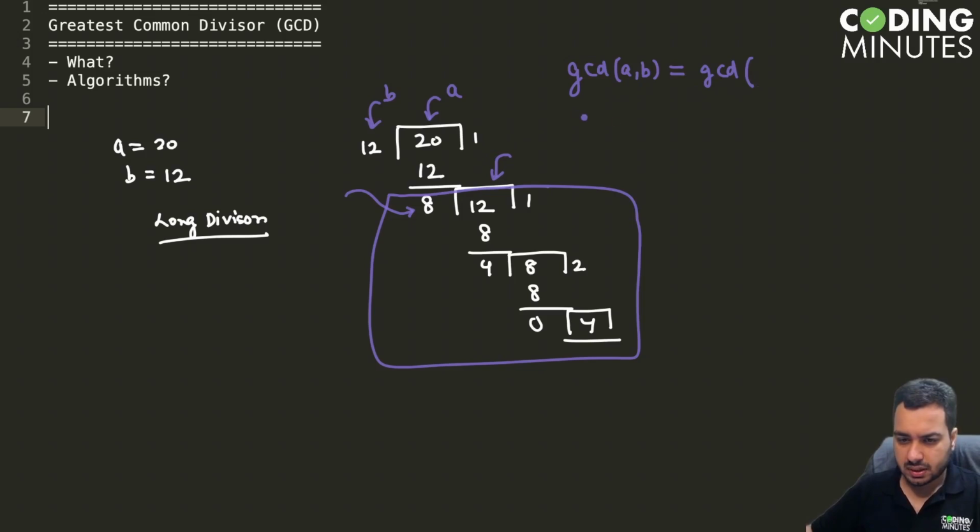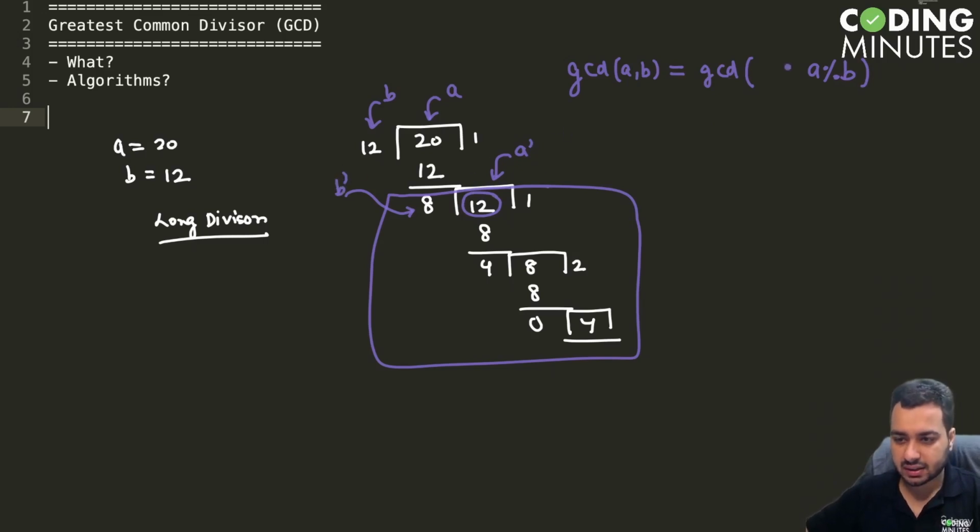So this is nothing but the remainder that is left when you divide a with b. This is 20 mod 12, so I can say this term is nothing but a modulus b. And what is the term that is taking place of a? Let's say this is a dash and this is b dash.